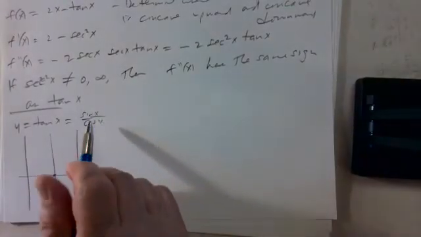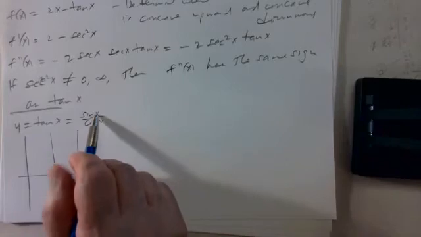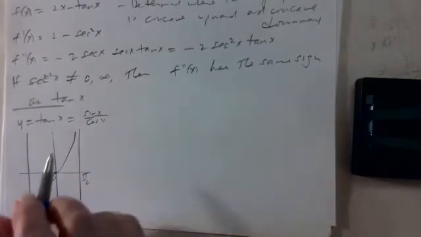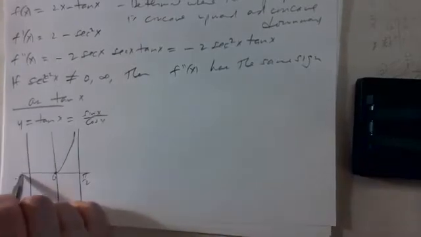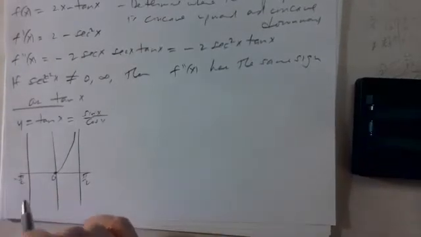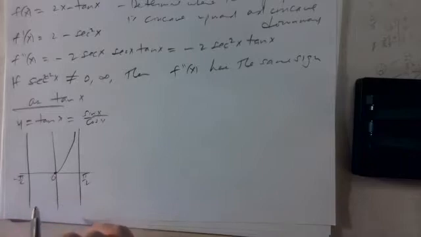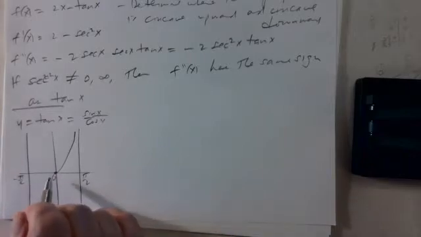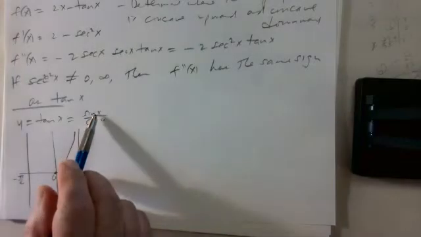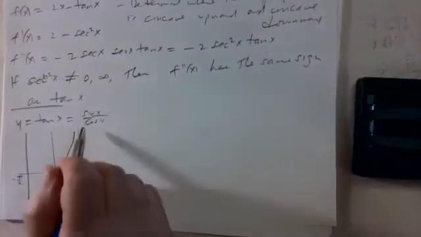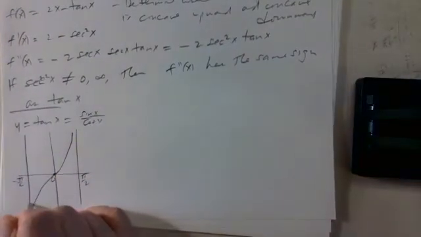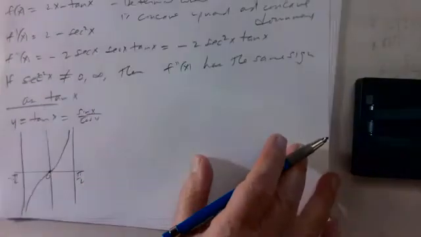This is positive. The sine of x is approaching 1, the cosine of x is going to 0, so this is going to infinity. And in the fourth quadrant, as you go from minus pi over 2 to 0, the cosine is positive and the sine is negative. And as you approach minus pi over 2, the cosine is going to 0. So the function looks like this.